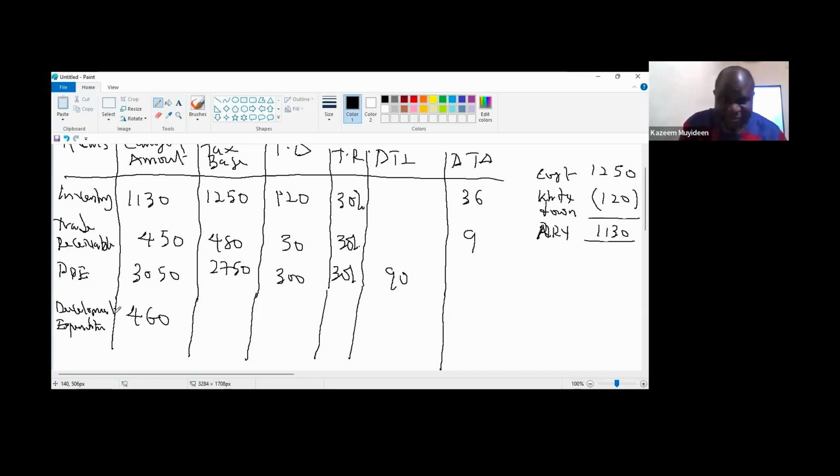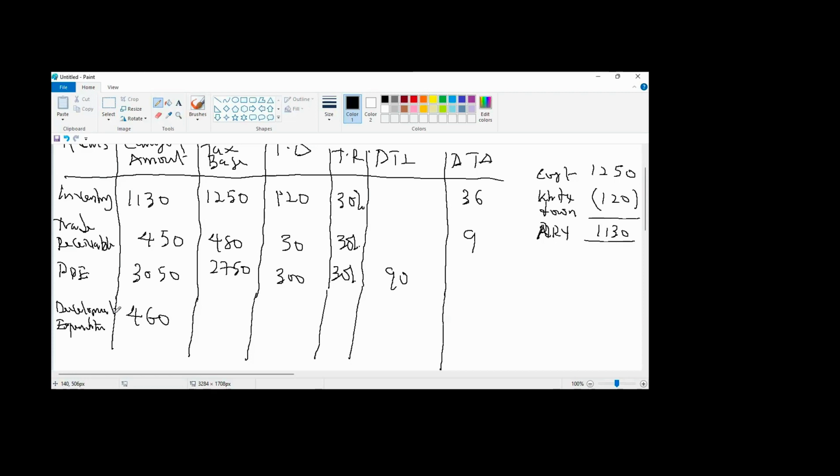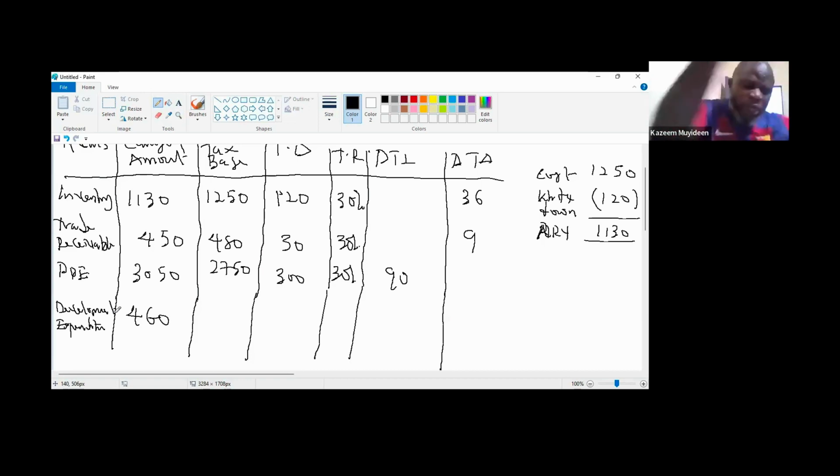The question is saying, look at what it says: development expenditure was allowed for tax purposes in full during the year. What is going to be the tax base now? Zero. You see, however much you incur, don't worry, we give you 100% of it. The tax base is zero.